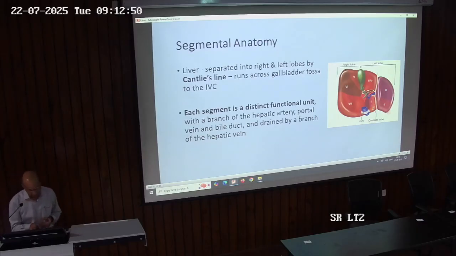The importance of knowing this is, once we do a liver resection or a person donates a portion of the liver, these segments are removed and they are then transplanted into the recipient.